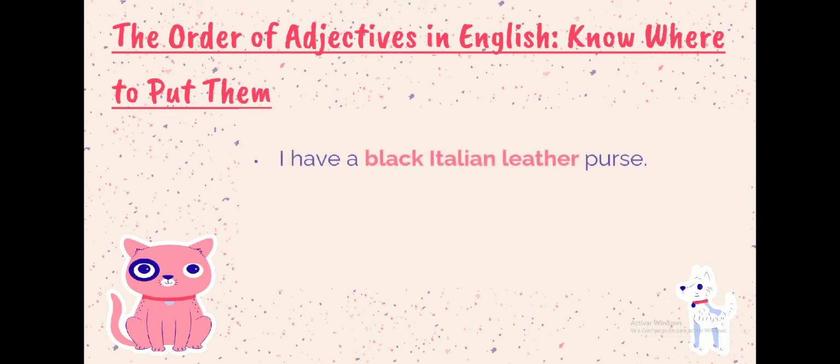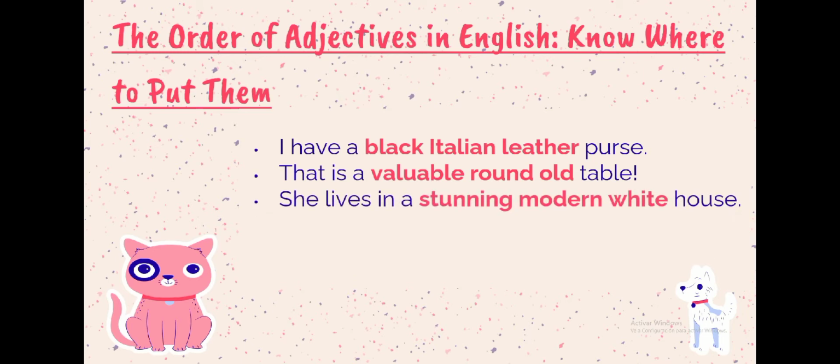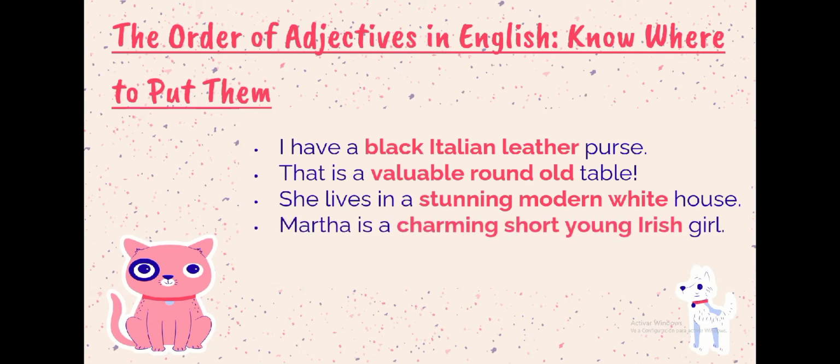Examples. Number 1. I have a black Italian leather purse. 2. That is a double round hall table. 3. She lives in a stunning modern house. Martha is a charming short Irish girl.